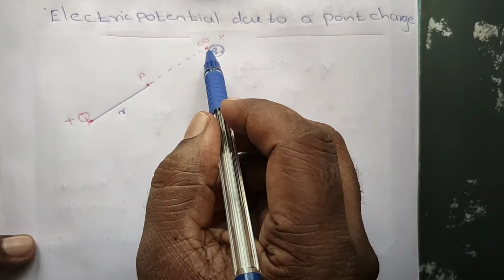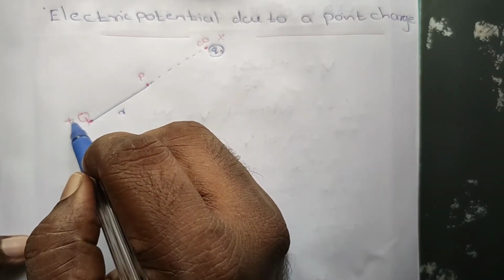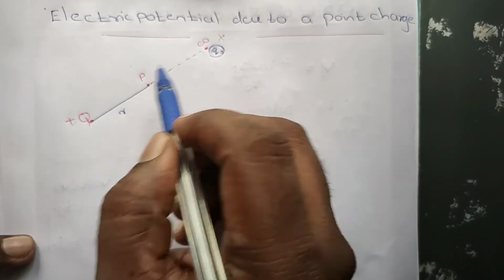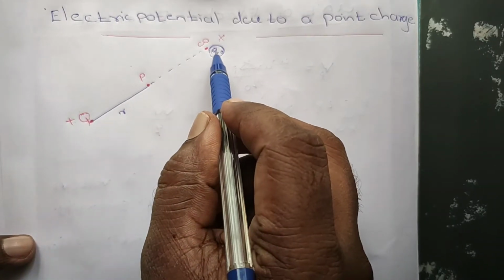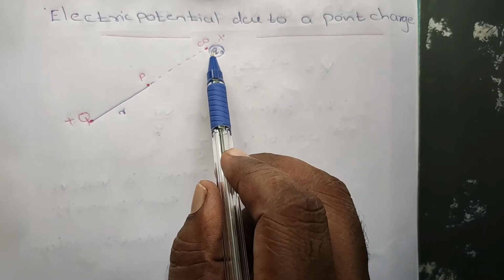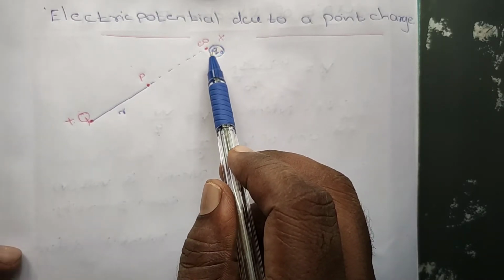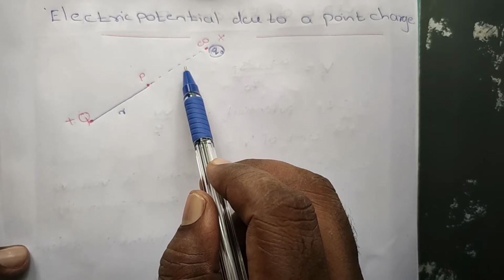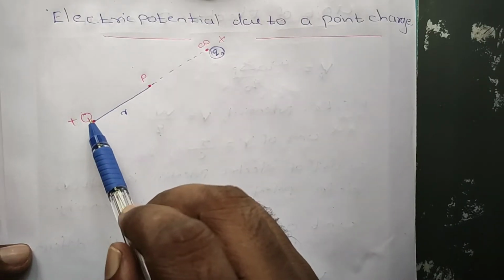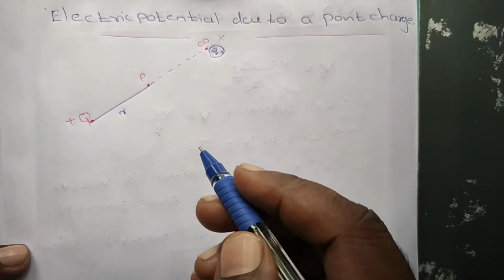Here you see, at infinity, this is a positive charge and this is a positive charge. The repulsion of this charge on this charge is very small, so I have to exert a very small force. But coming closer and closer, what will happen? The repulsion increases, so I have to apply more force.